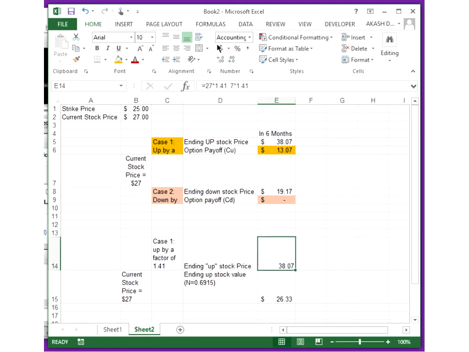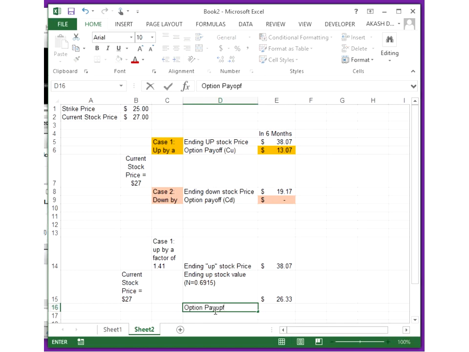This is the ending up stock value. And then what we have is option payoff, which is the maximum of 0 or the price up minus X, which we have already calculated.